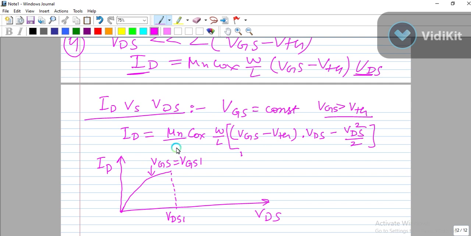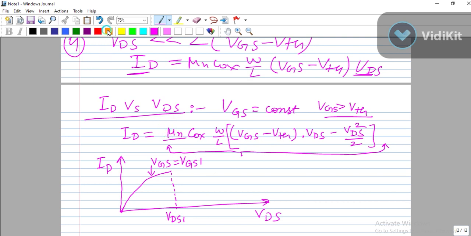For getting that value of VDS1, we need maths. We take the derivative of this equation with respect to VDS and put it equal to 0, and we get the value of VDS at which we get the maximum ID. So let's do the differentiation.